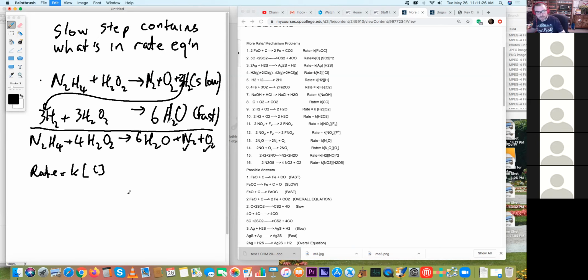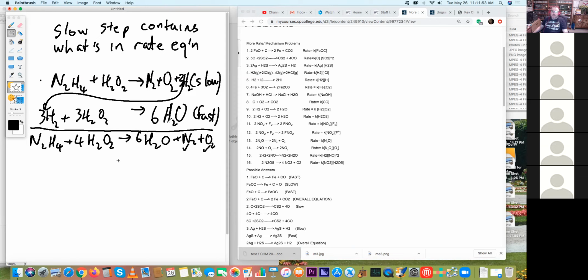Okay. We just know that this is the first step because it has the exact molecules in the rate equation, but maybe not in the same quantity. Right. What I'm saying is that the C doesn't have to come from anywhere and the SO2 doesn't have to come from anywhere. We're actually given those as reactants.